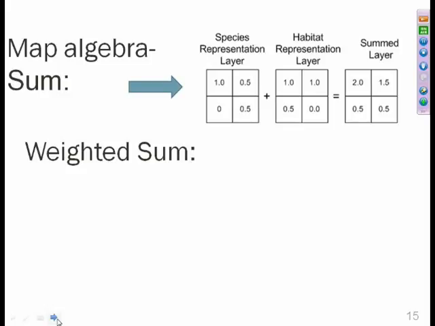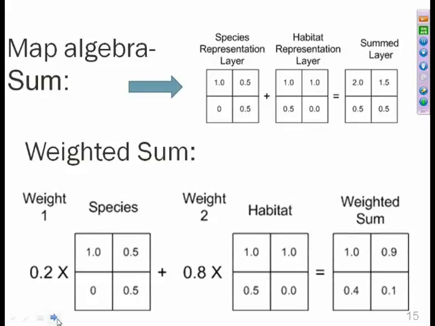So, for instance, in this example, the lower left cell for the species representation layer was a value of 0. Probably no species there that we're looking at. Habitat representation layer had a value of 0.5, and so when you add those two up, it gets a value of 0.5. And you can see how the other 4 cells add up. Now, to do the weighted sum, you actually multiply a weight times each layer.